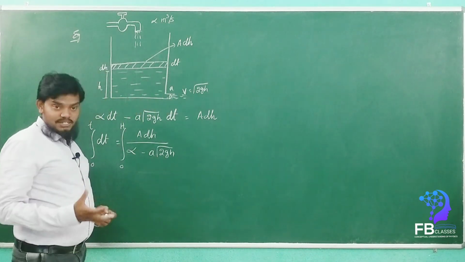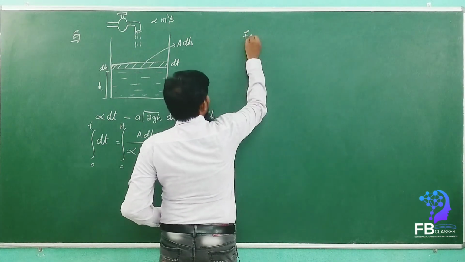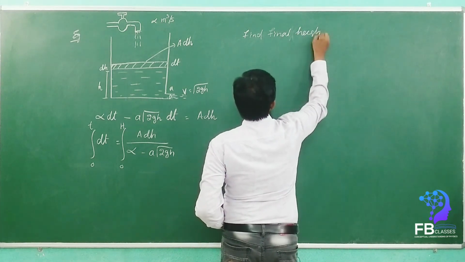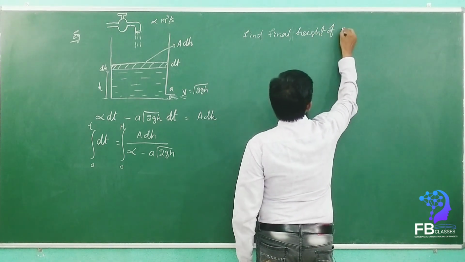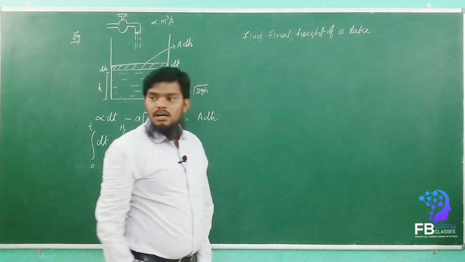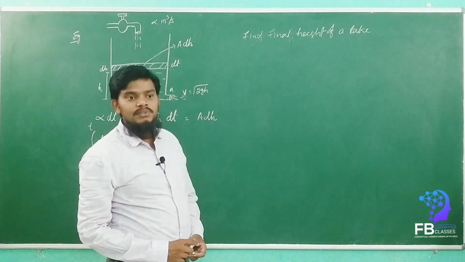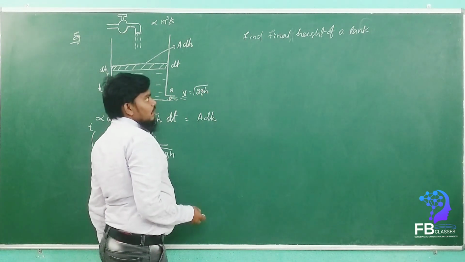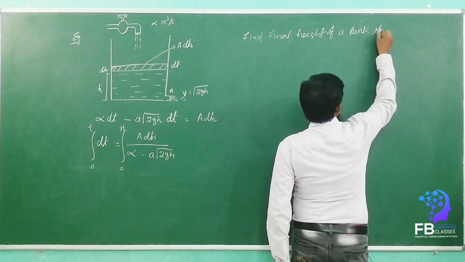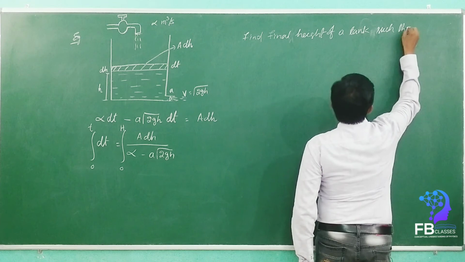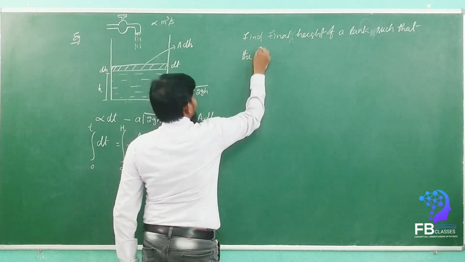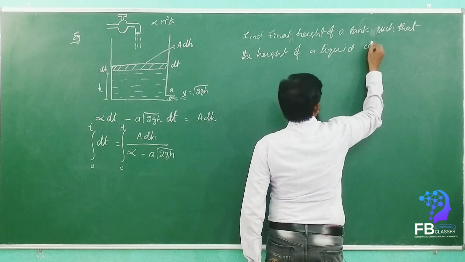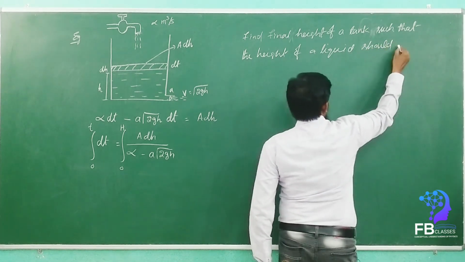So if he asks what is the final height, find the final height of a tank such that the height of the liquid should be constant.